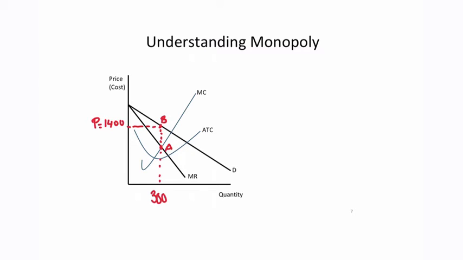Now the point where marginal revenue is equal to marginal cost is going to be $1,000. As you can see here, the firm is making a profit because it is charging more than the point where marginal revenue is equal to marginal cost.